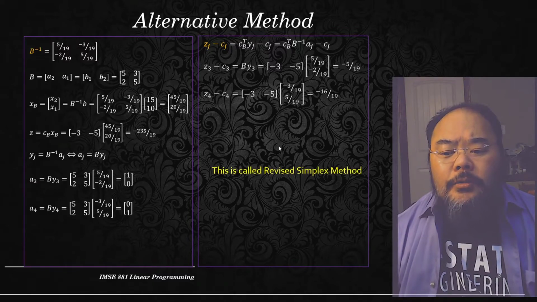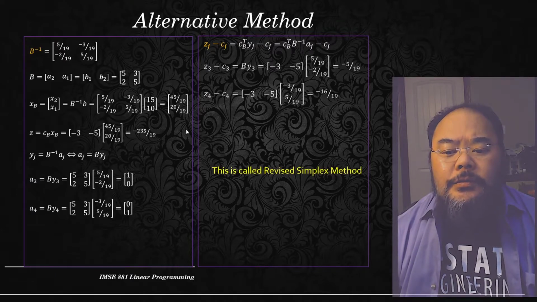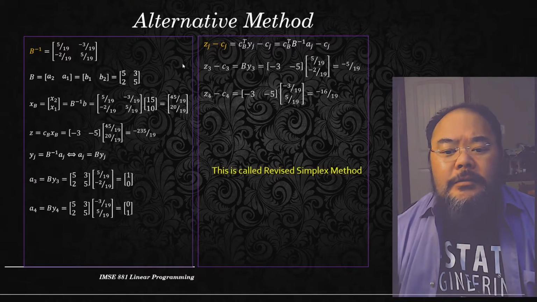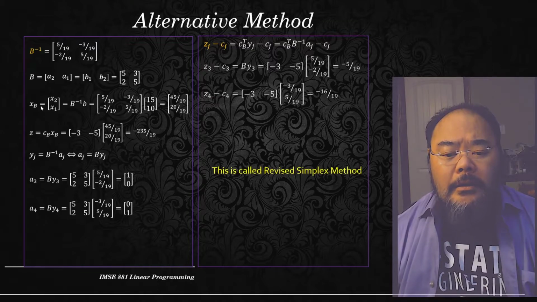We can also perform exactly the same thing using matrix algebra. I'm not going to spend too much time at this moment to explain this, but I can show you, each time I form a basis B, I can take a B inverse. Once I have the B inverse, I can calculate the corresponding basic feasible solution, calculate the corresponding objective function at that iteration, and we can calculate the yj column.